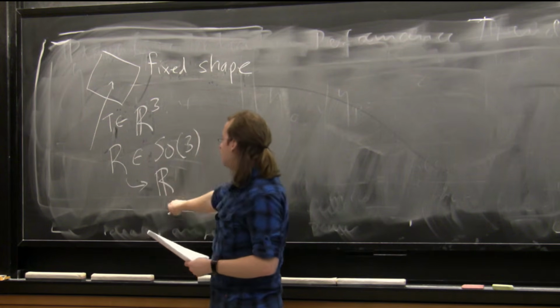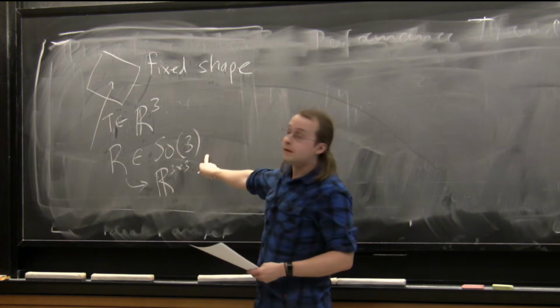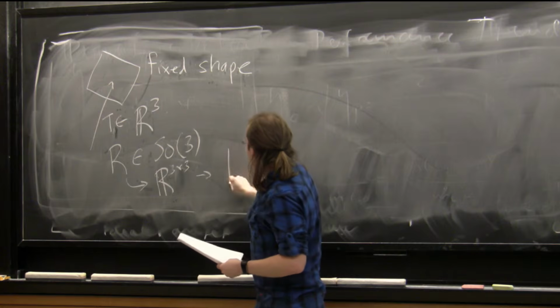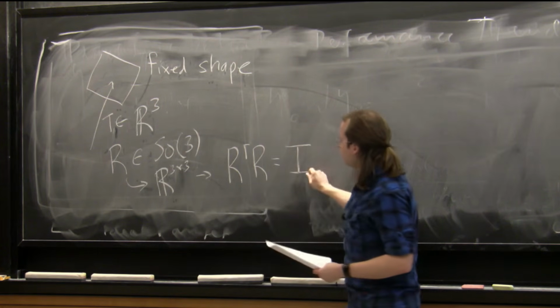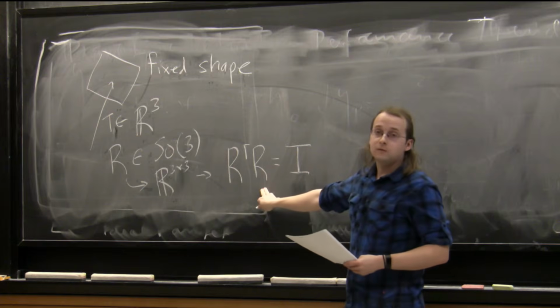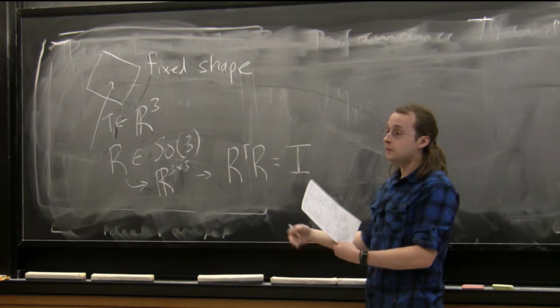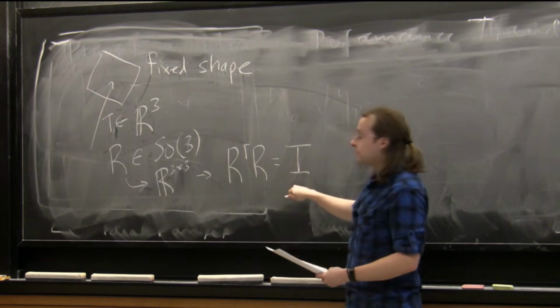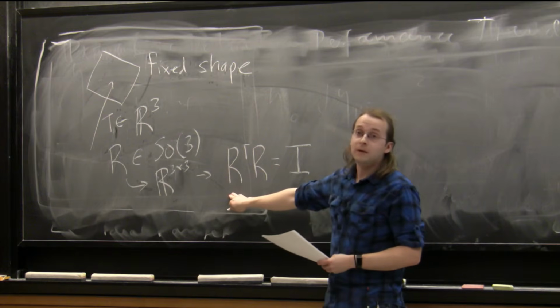So they live in real numbers, 3x3 matrices. And to satisfy living in SO3, that means that R transpose R is going to be the identity matrix. That means that every row and column of R is unit length. Its inner product with itself is 1. That's on the diagonal, and R is an orthonormal basis.